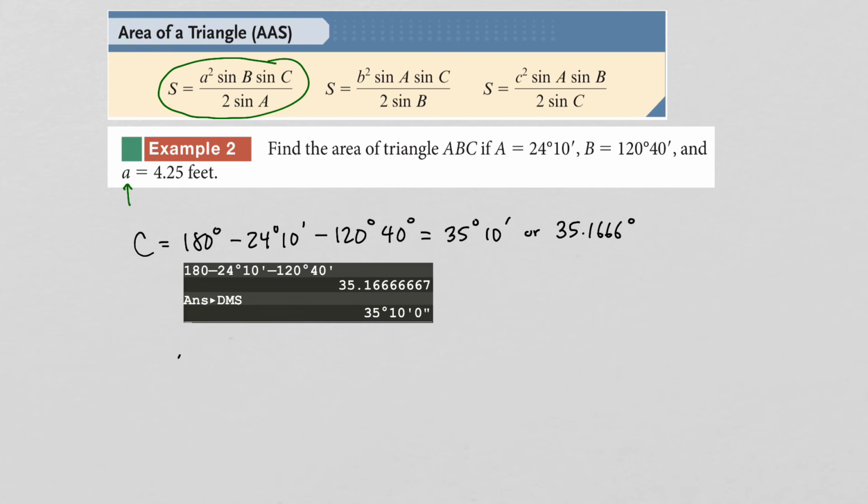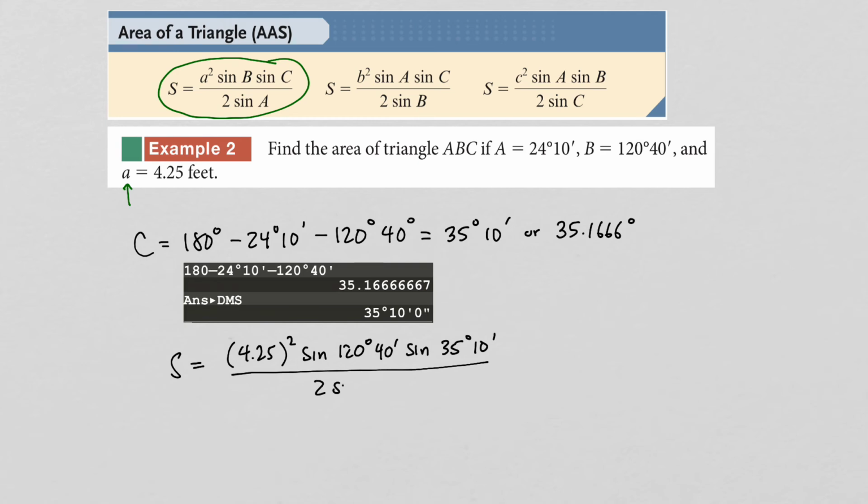And now I can find the area. We'll say S is equal to, we have A squared, that's 4.25 squared, times the sine of B, that's the sine of 120 degrees and 40 minutes, times the sine of angle C. Angle C is 35 degrees and 10 minutes, all divided by 2 times the sine of angle A, which is 24 degrees and 10 minutes.